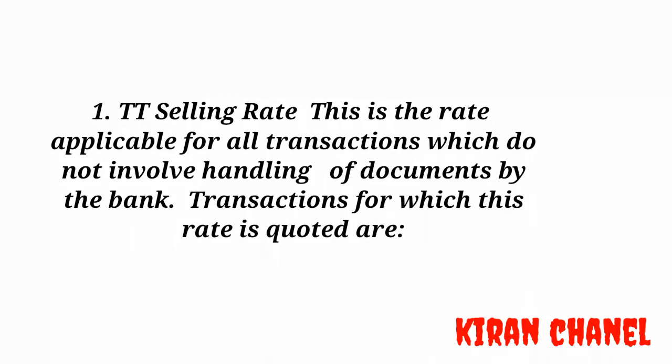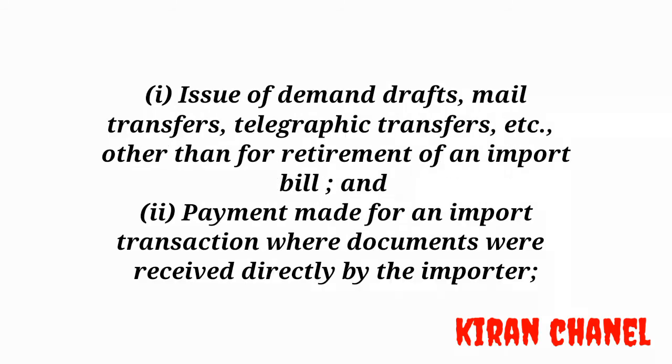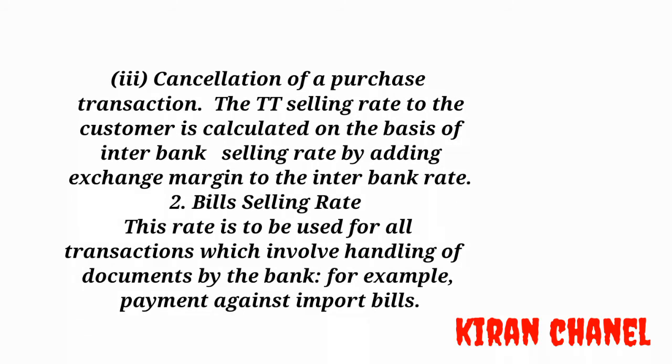Transactions for which this rate is quoted are issue of demand drafts, mail transfers, telegraphic transfers, etc., other than for retirement of an import bill, and payment made for an import transaction where documents were received directly by the importer, and cancellation of a forward contract. The TT selling rate to the customer is calculated on the basis of the interbank selling rate by adding exchange margin to the interbank rate.